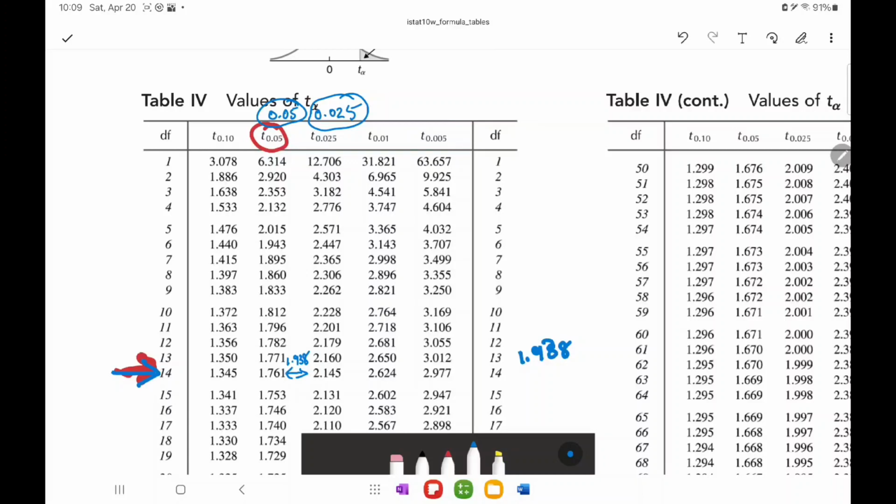If you're using the table, the way you write your p-value is like this.